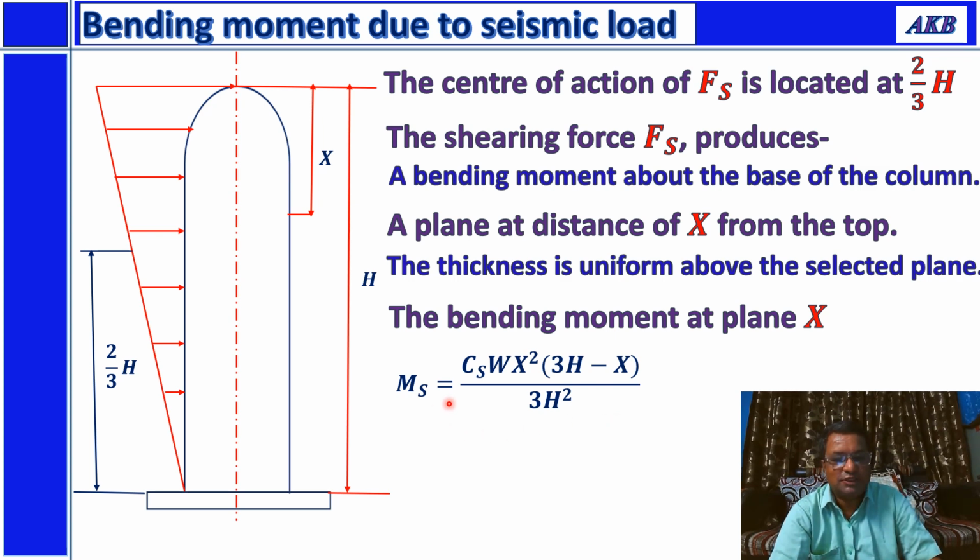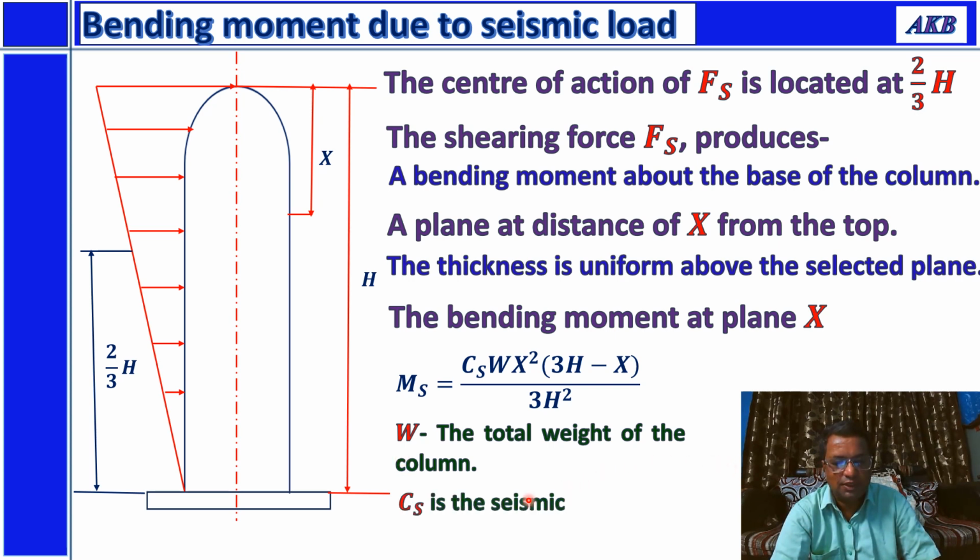Okay, so Ms is Cs into W into x square into (3h minus x) divided by 3h square. Again, W is the total weight of the column, Cs is the seismic coefficient, h is the height of the column, and x is a distance that we have selected for our analysis. So this equation gives us the bending moment.